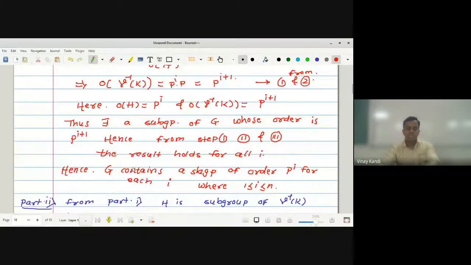Now two more theorems are there, the second Sylow theorem and the third Sylow theorem.